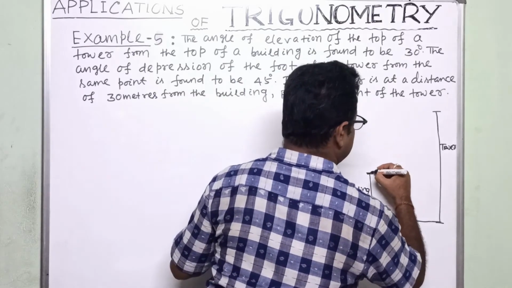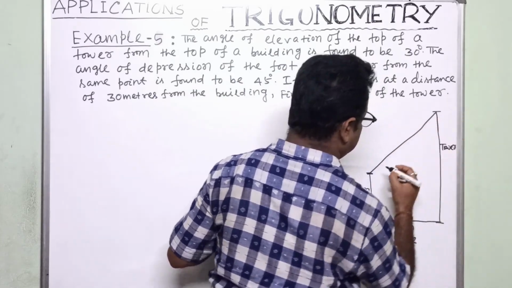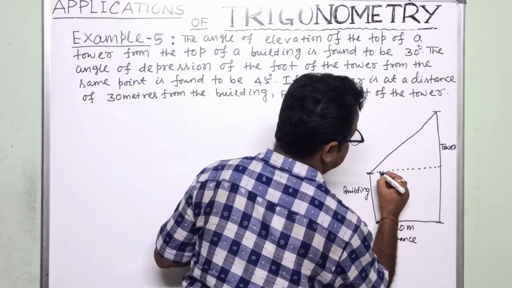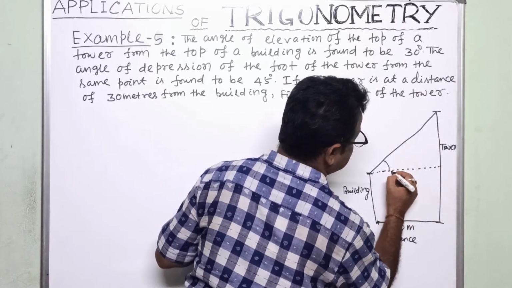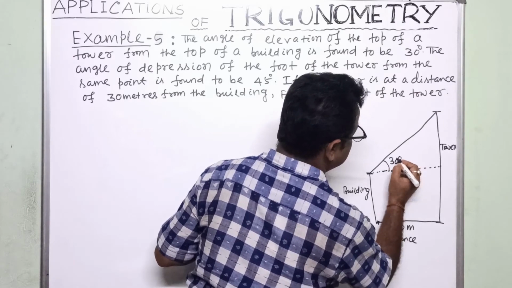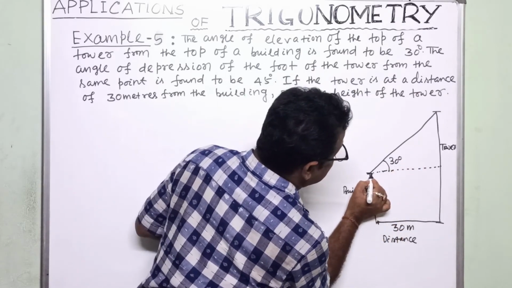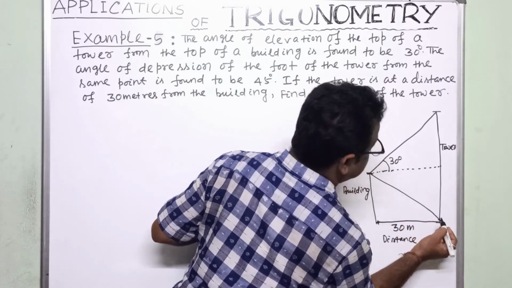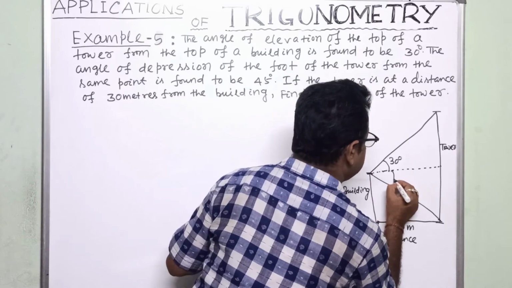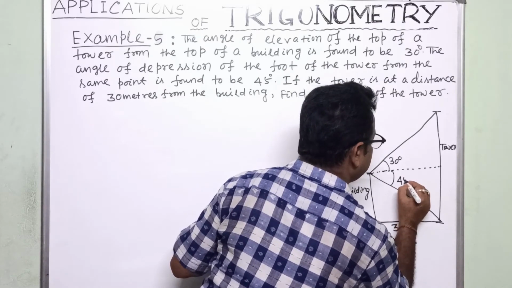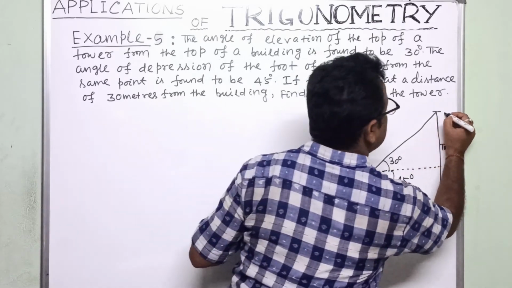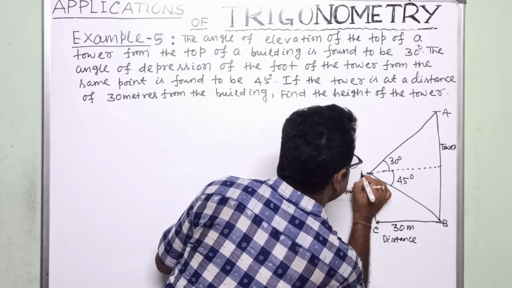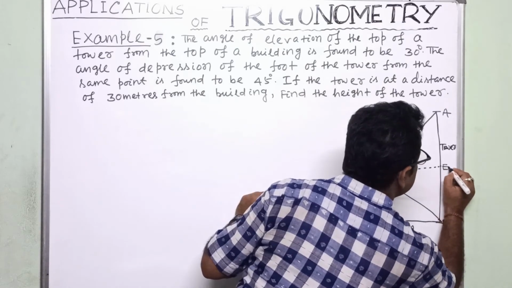Now the angle of elevation to the top of the tower, this is your horizontal line, so this is 30 degrees. And the angle of depression is how much degrees? This is 45 degrees. Now name it. This is A, this is B, this is C, this is D, and let this be E.